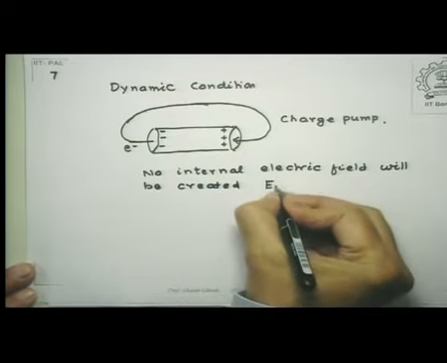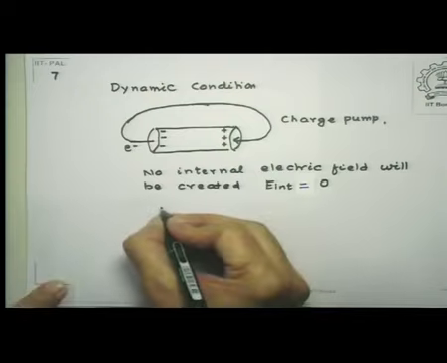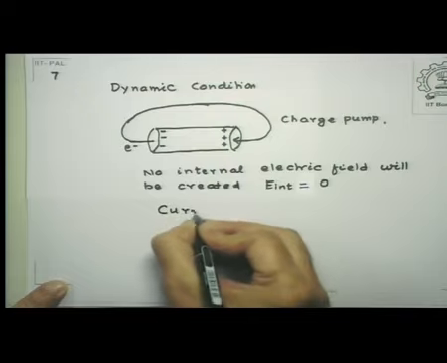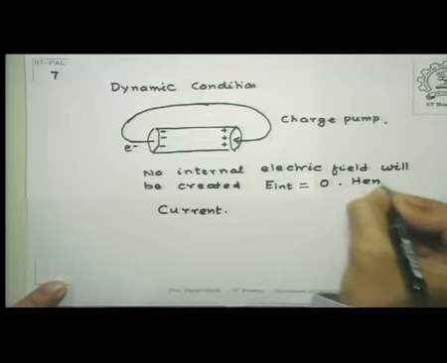E internal equal to 0 for a conductor, which would mean that current would flow regularly, and this is the way the current appears. So, hence charges will flow.